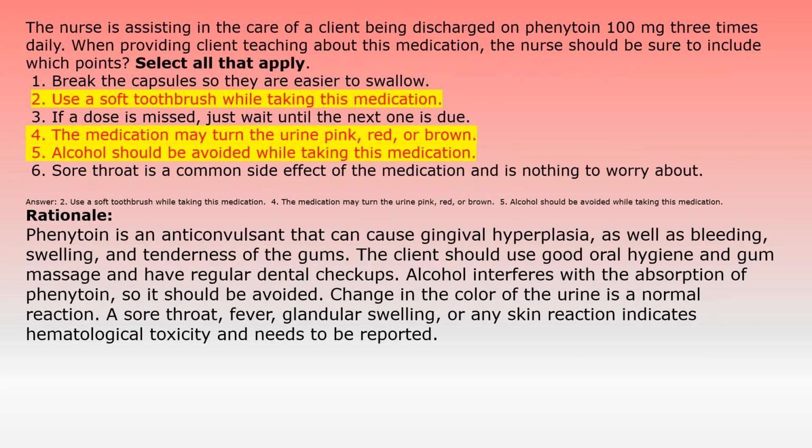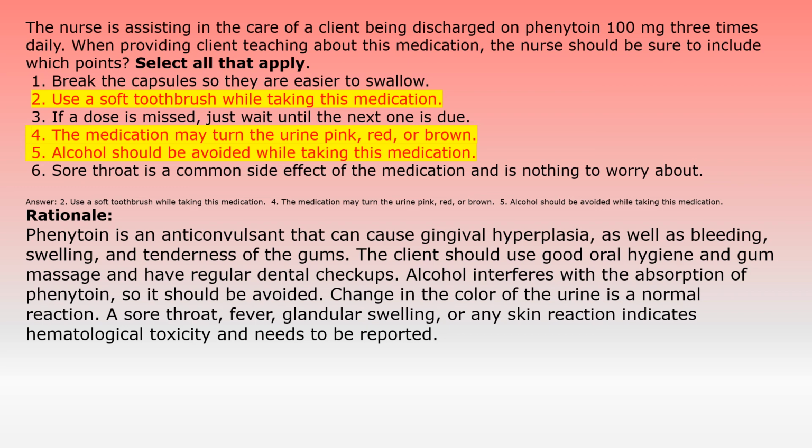Answer: 2. Use a soft toothbrush while taking this medication. 4. The medication may turn the urine pink, red, or brown. 5. Alcohol should be avoided while taking this medication. Rationale: Phenytoin is an anticonvulsant that can cause gingival hyperplasia, as well as bleeding, swelling, and tenderness of the gums.